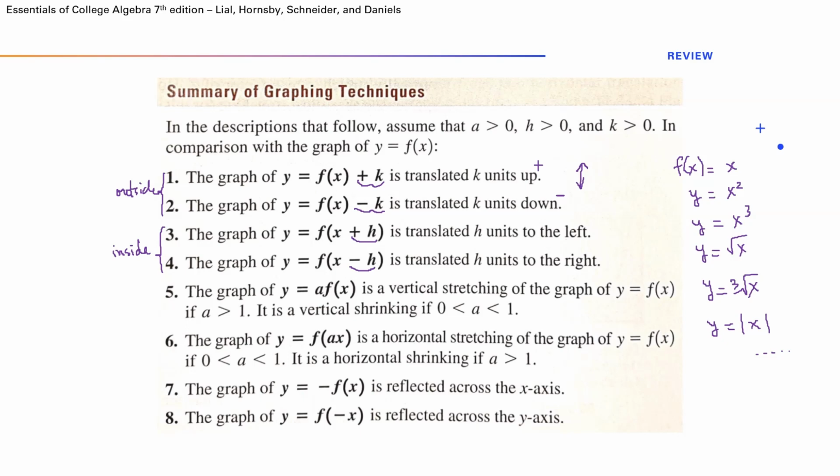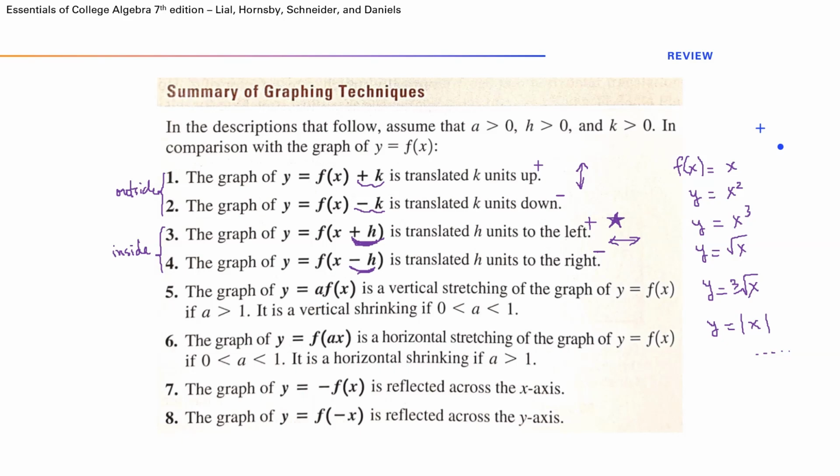So it means it will be opposite. When you see plus h, it goes to the left. And when you see minus h, it goes to the right. So left and right. This one is a little bit tricky, so be careful to memorize that.